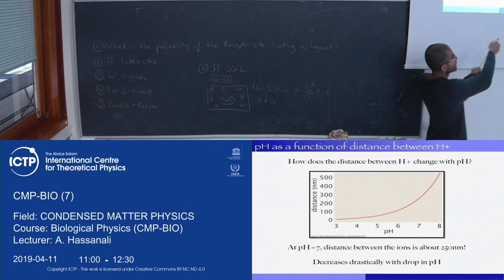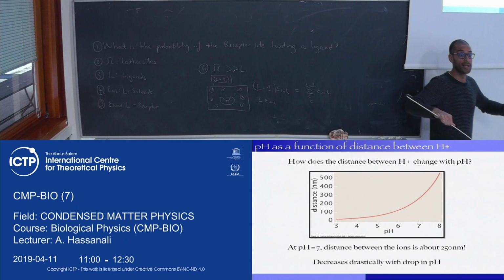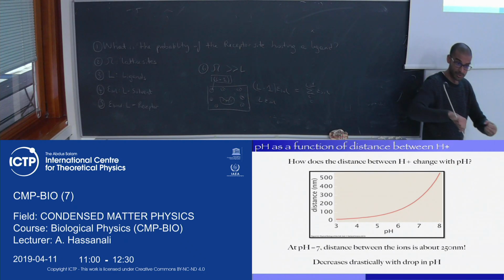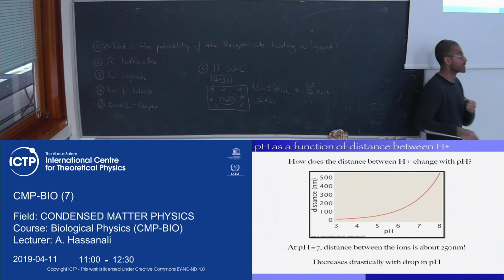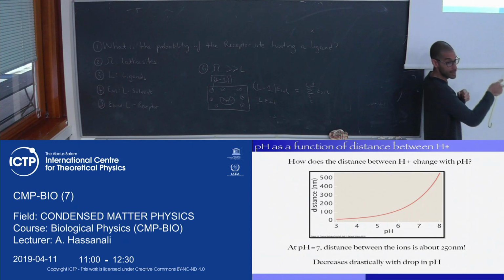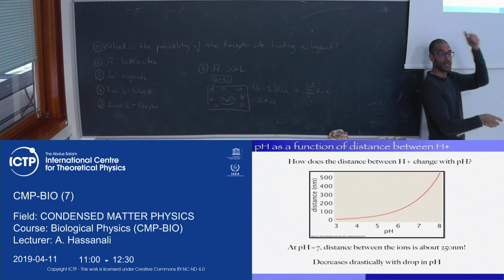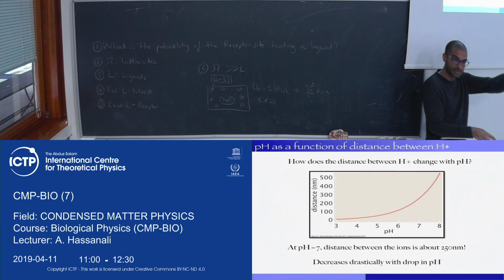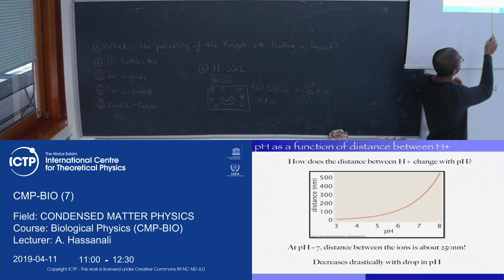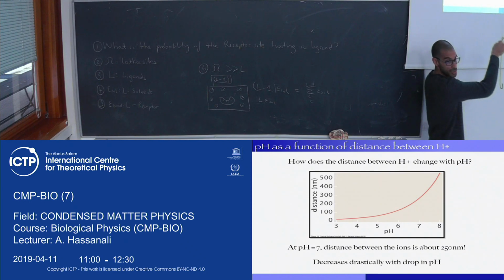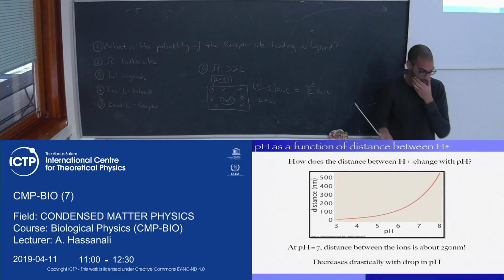because at high pH, the distance between the hydroxide ions, the negative charge, becomes smaller. So there's an equivalent plot like this of pOH. pOH is minus log concentration of OH minus, and it will be something like that. It would be the mirror image, essentially, of this.